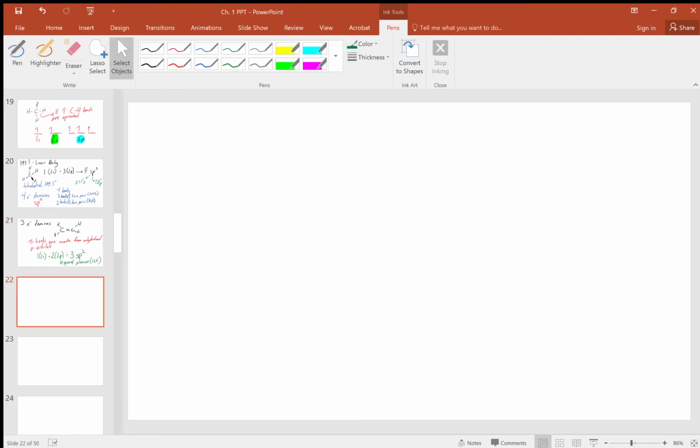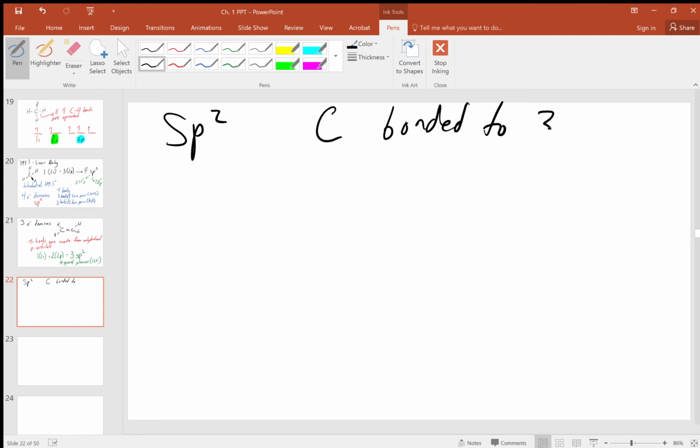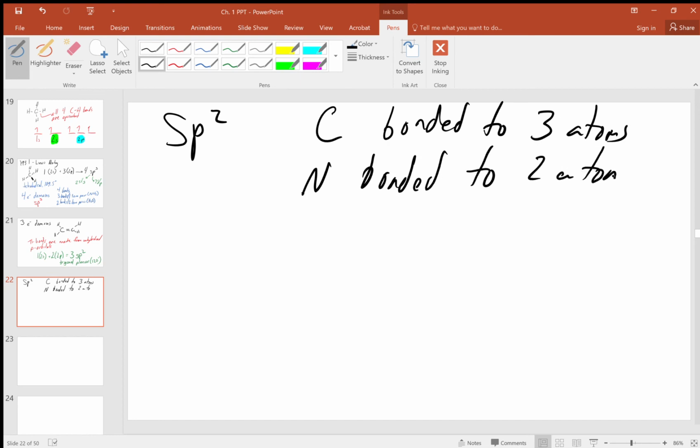And so sp2 atoms could include carbon bonded to 3 atoms, nitrogen bonded to 2 atoms, or an oxygen bonded to 1 atom.